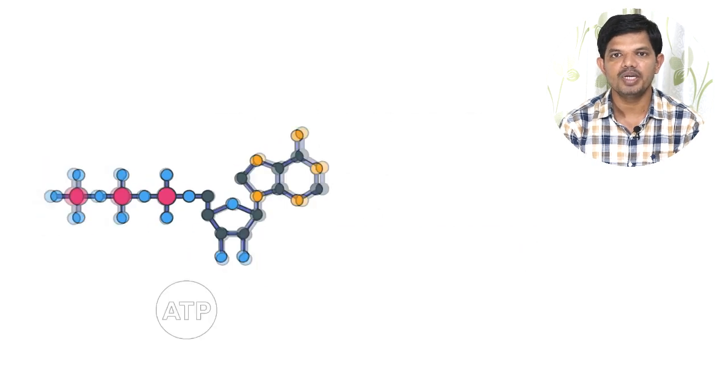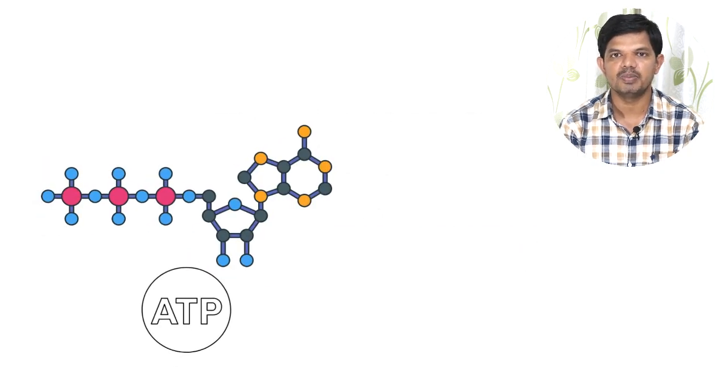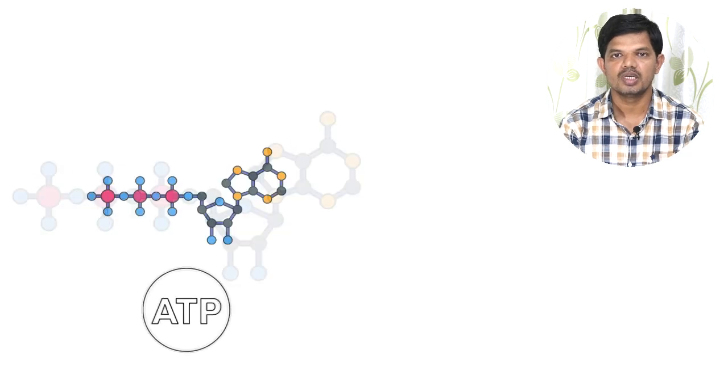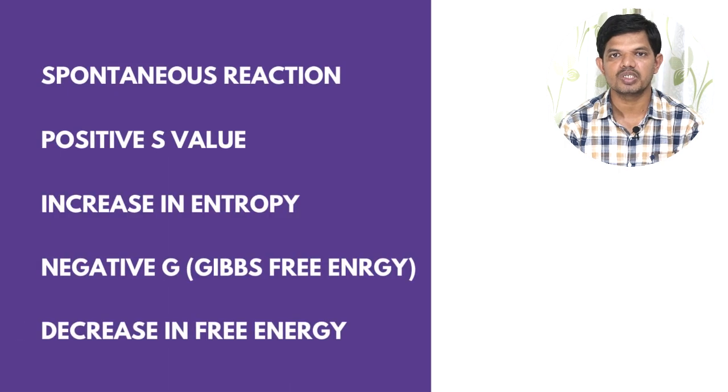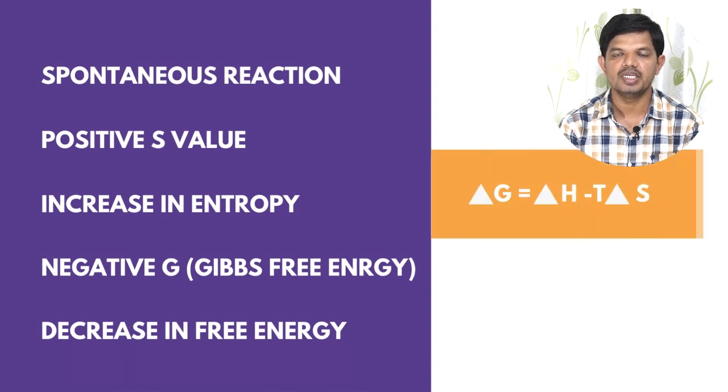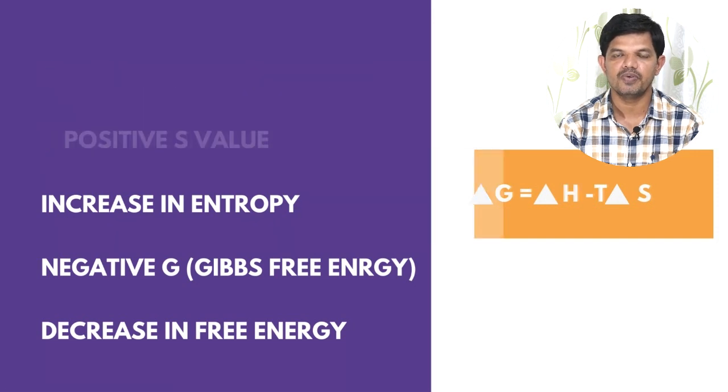While moving, no metabolic energy, that is ATP, is utilized, because the movement is from higher to lower concentration, down the chemical concentration gradient. Such transport reactions are spontaneous because they have a positive delta S value, which indicates an increase in entropy, and thus a negative delta G, which indicates a decrease in free energy.